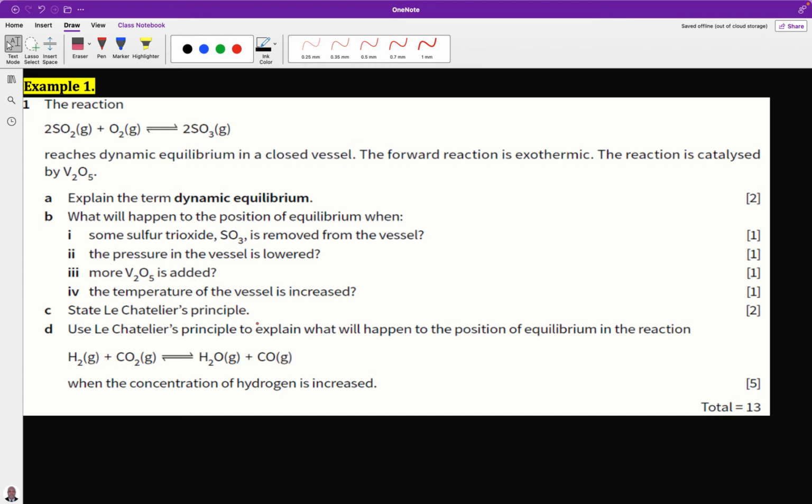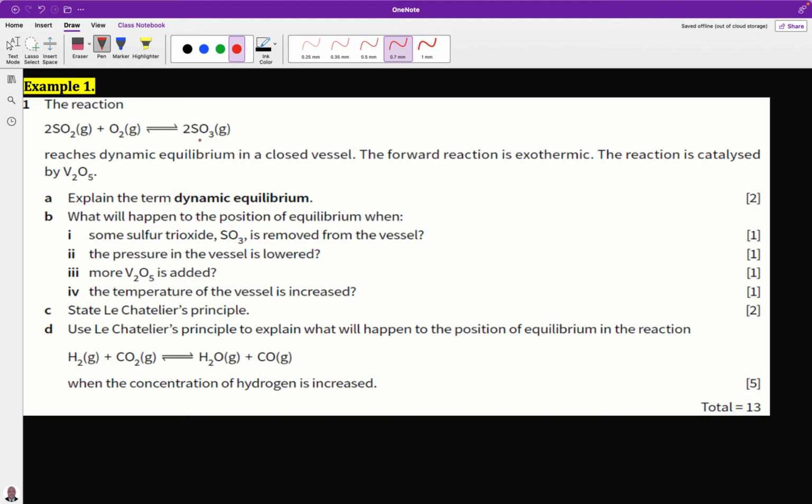B. What will happen to the position of the equilibrium when 1. Some sulfur trioxide is removed from the vessel? Of course, this is an exothermic reaction. According to Le Chatelier's principle, what will happen if some sulfur trioxide is removed from the vessel? Removing sulfur trioxide from the vessel, the equilibrium is no longer there.